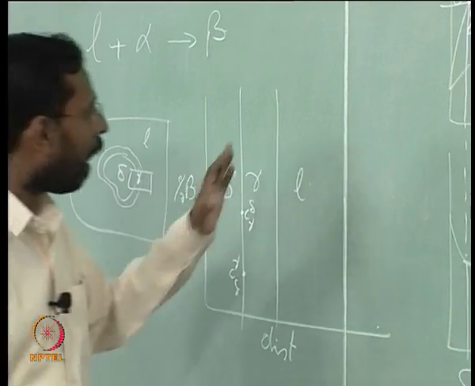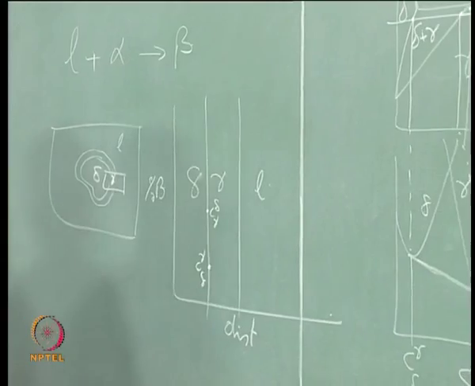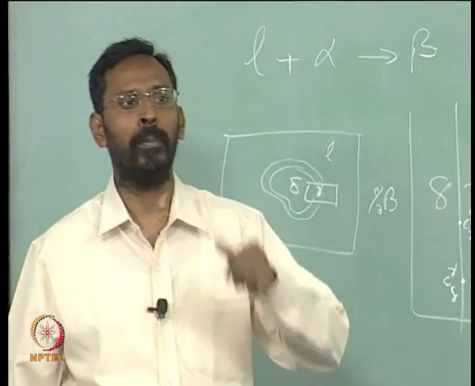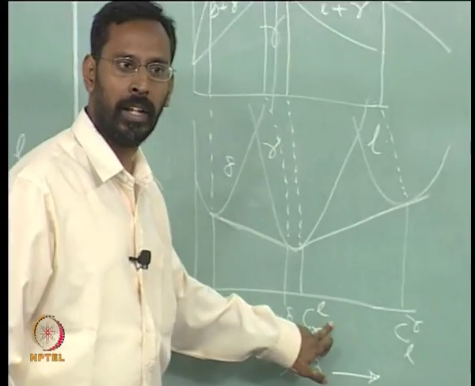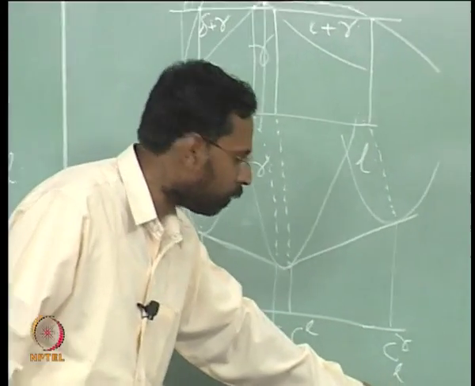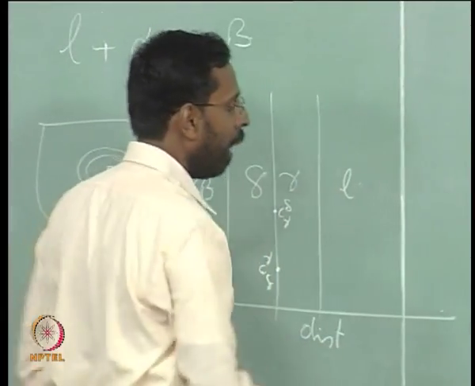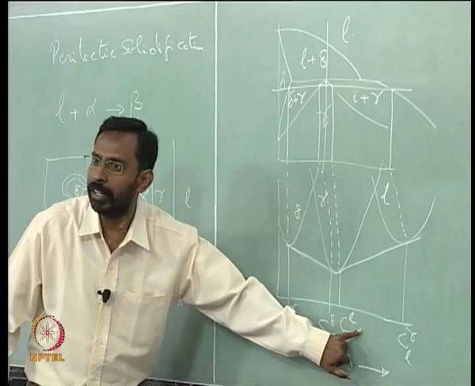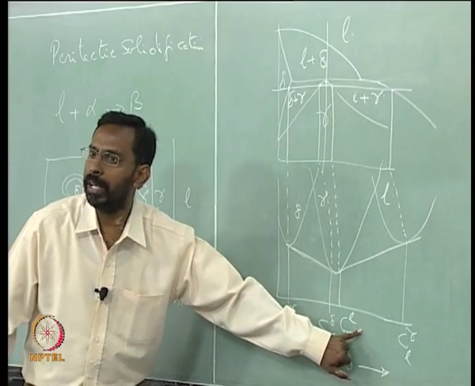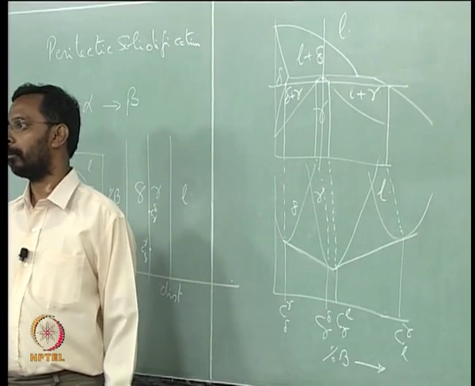Now, if I look at the other interface, which is the gamma liquid interface, I get two other compositions. One is the composition of gamma in equilibrium with liquid, another is the composition of liquid in equilibrium with gamma, and if you carefully look at it, the composition of gamma in equilibrium with liquid is higher in B content than the composition of gamma in equilibrium with delta.